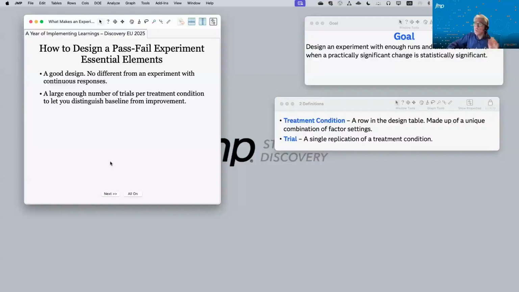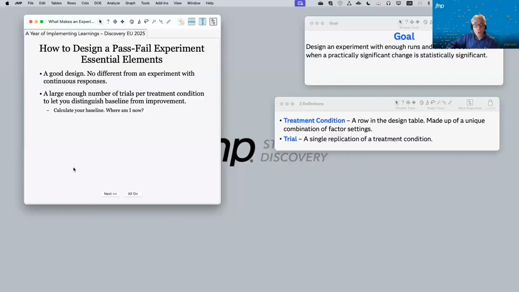Given your design, given what JMP creates, let's say in the custom designer, you want to know if you have enough trials to be able to tell whether your treatment conditions allow you to distinguish from your baseline. So you want to say, can I tell whether my baseline is statistically different than my target value? In order to do that, I need to calculate a baseline.